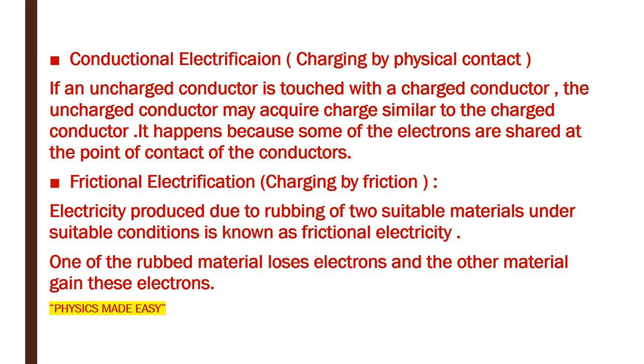The second method is frictional electrification, which means charging by friction, or in this case electricity produced due to rubbing of two suitable materials under suitable conditions. One of the rubbed materials loses electrons and the other gains electrons. So in this case, both the objects get charged.